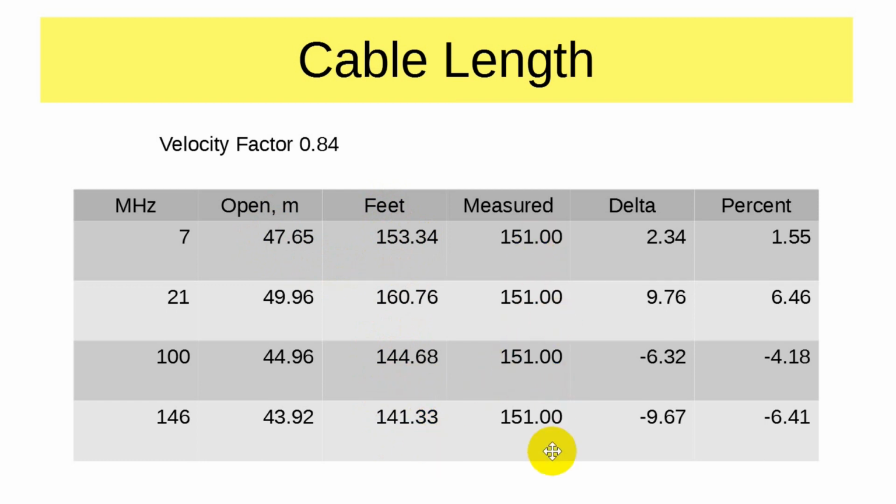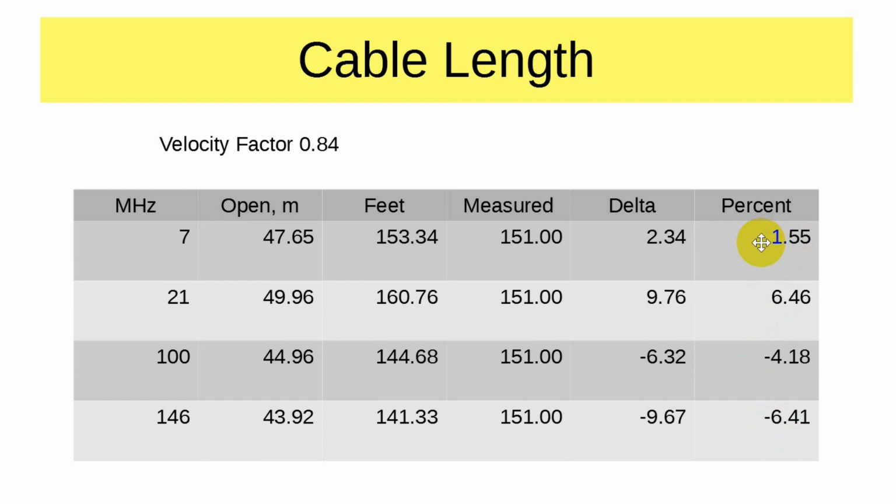The measured is 151 feet. So this is the delta in feet, and this is the percent that we're wrong. Notice in this case, at 7 megahertz, it's less than 2% wrong. But it gets up a little higher, 6% and 4% wrong.